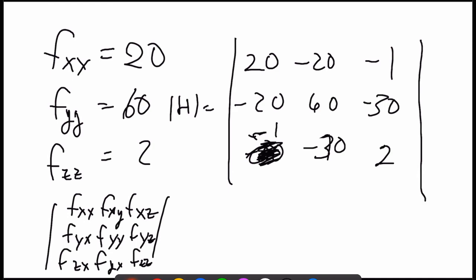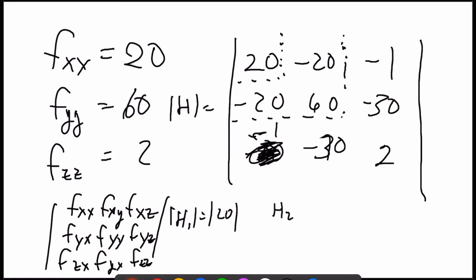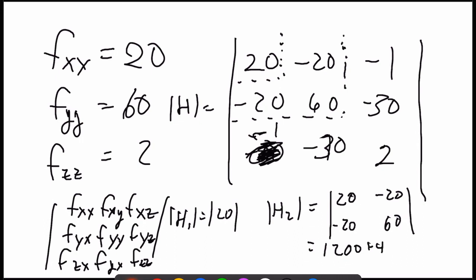Okay? Within this matrix now we have 3 principal minors. So we have H1, which is just 20. We have H2, which is 20 times 60 minus 20 times 20, 1200 minus 400 is 800.